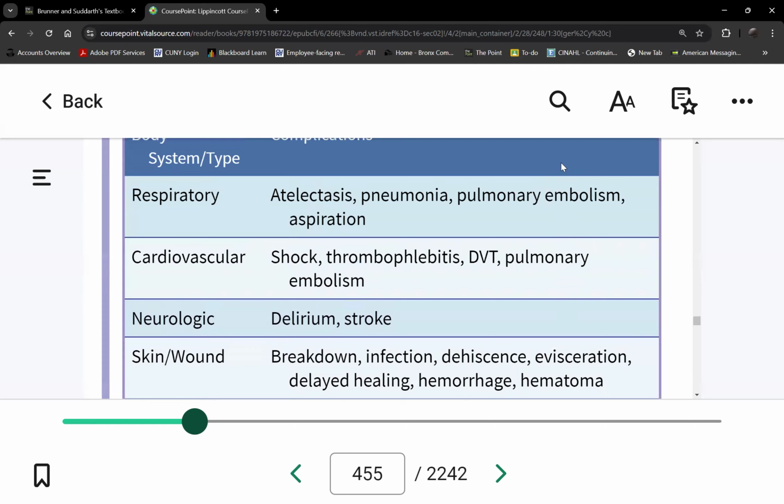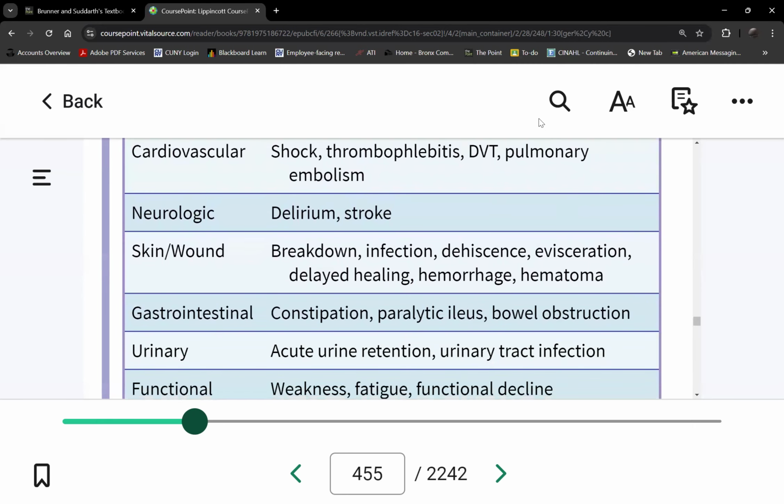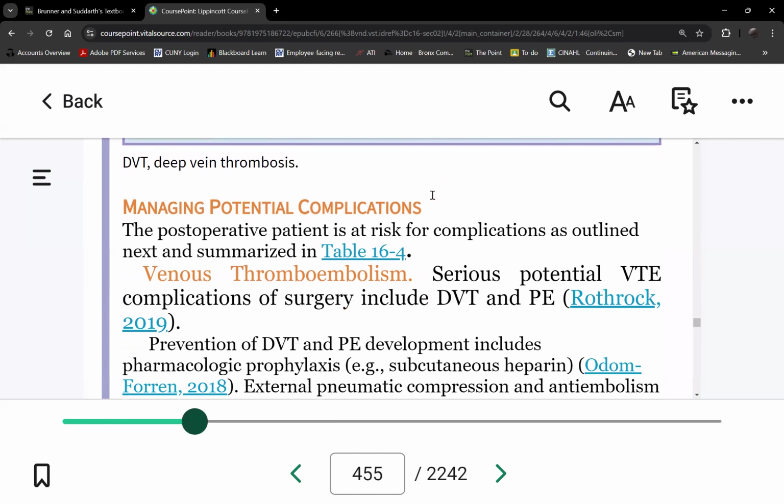All right, we just finished neurologic, but I forgot: patients can have a stroke after surgery because of blood clots from surgery. That's why we prevent DVTs, that's why we do ambulation, etc. But sometimes we miss it. The patient has a clot that travels to the brain, then the patient gets a stroke.